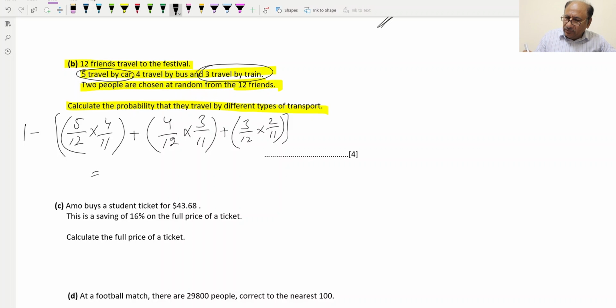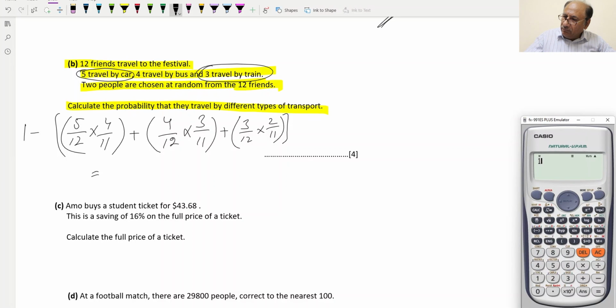So this will be 1 minus, in brackets, 5 over 12 into 4 over 11, plus 4 over 12 into 3 over 11, plus 3 over 12 into 2 over 11, and the final bracket closed, and this is equal to 47 over 66.